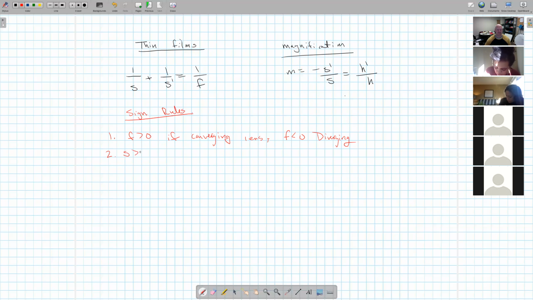Number 2, S is positive if on the side light is coming from, so same rule as before, negative otherwise. Number 3, S prime is positive if on the side light is going to, negative otherwise.